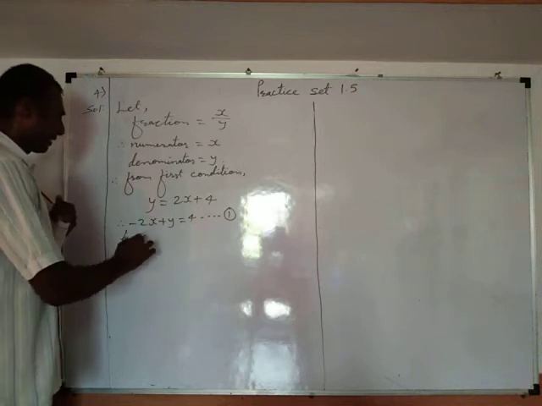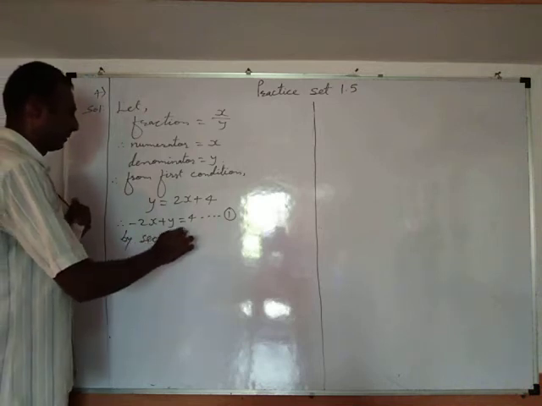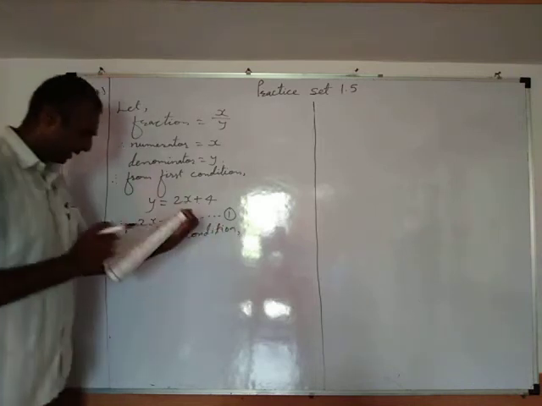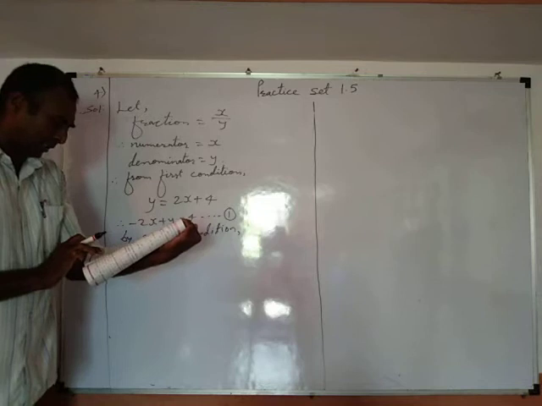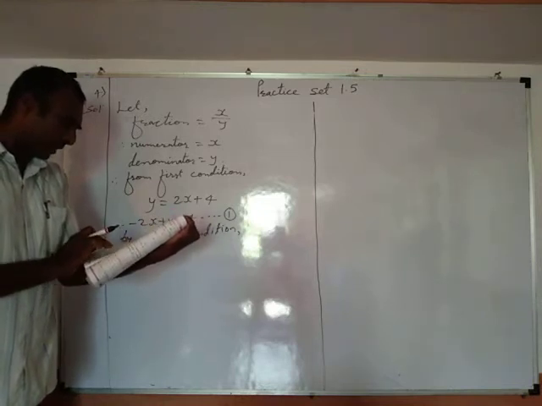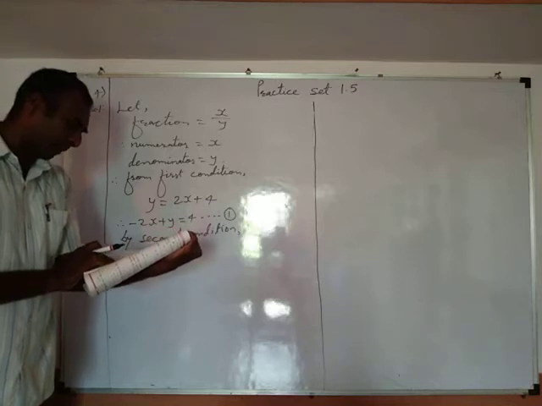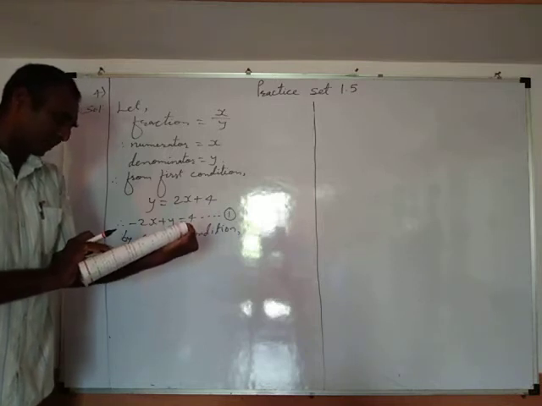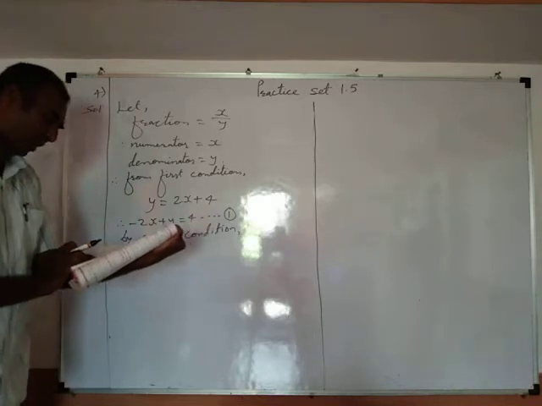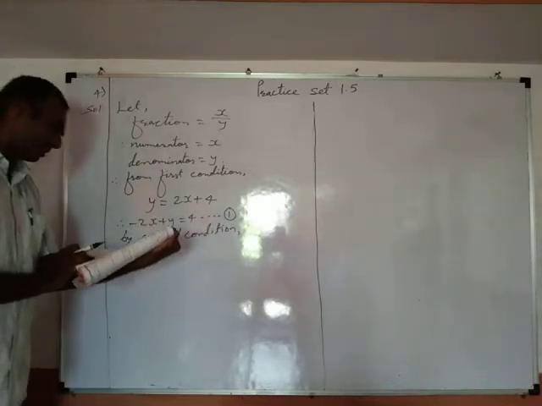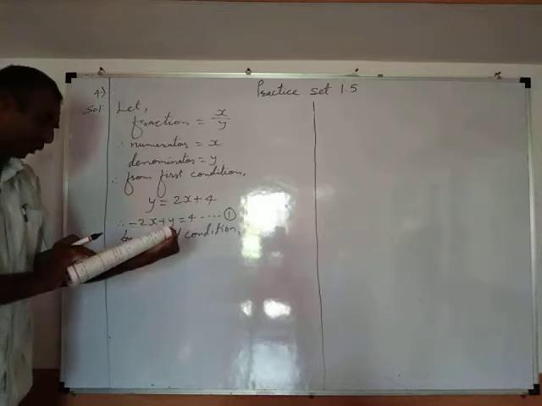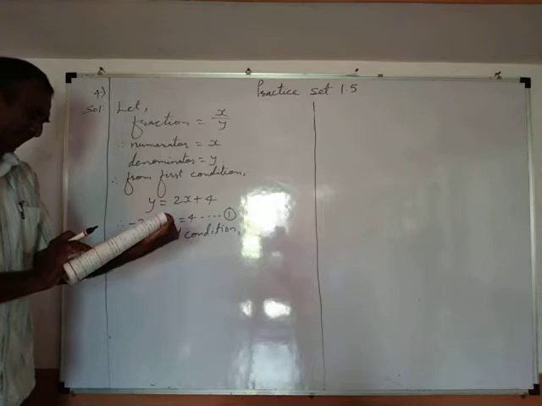By second condition, what is second condition? Denominator becomes 12 times the numerator if both the numerators and denominators are reduced by 6.